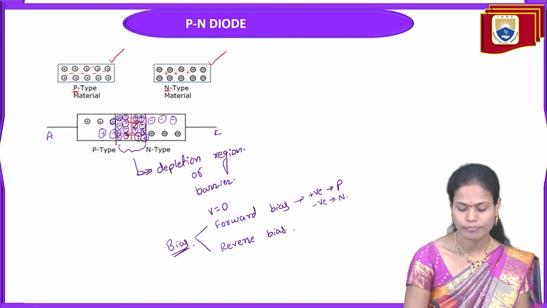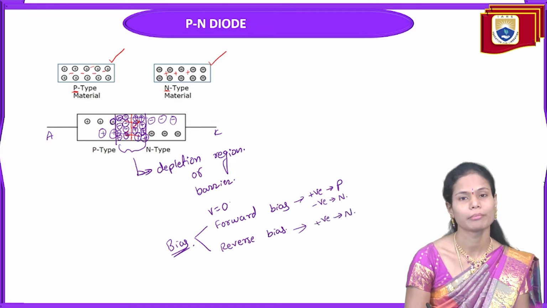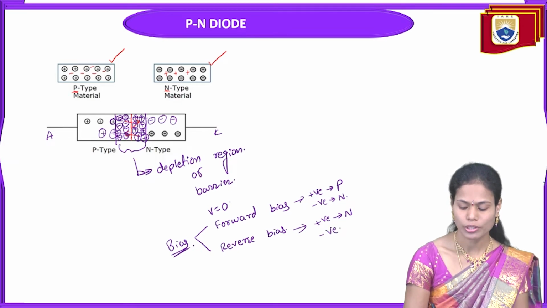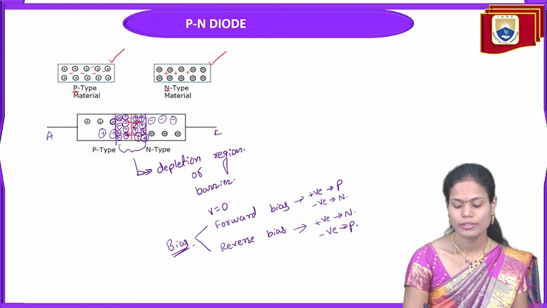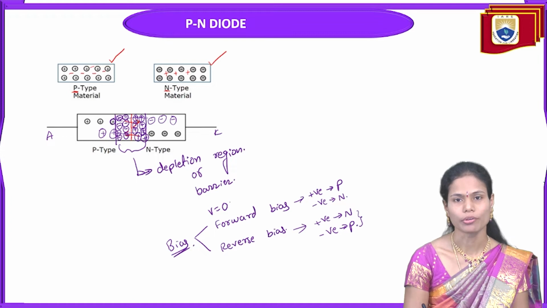Then what about reverse bias? In the case of reverse bias, the positive voltage is applied to the N type material and the negative voltage is applied to the P type material. So in this case it is the reverse bias for the PN junction diode.